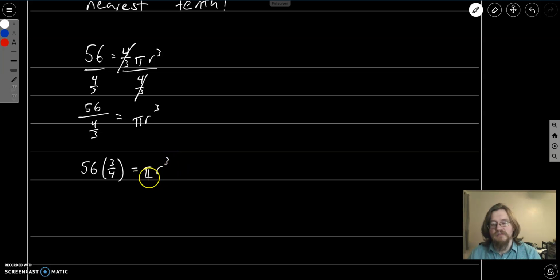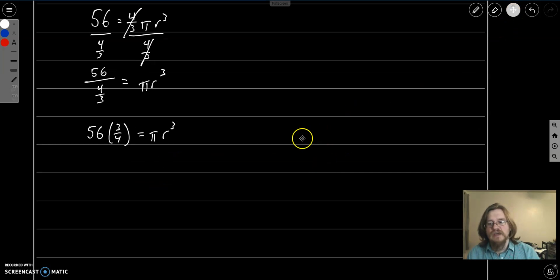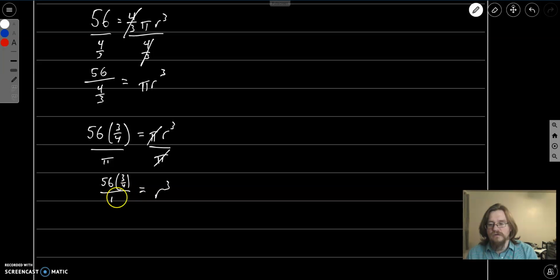Again, I don't want the pi there, so to undo multiplication, I divide. So I'm going to divide both sides by pi. And again, why am I dividing? So I can undo multiplying by pi. So on this side, I'll just have r cubed. And on this side, I'll have 56 times 3/4 all over pi.